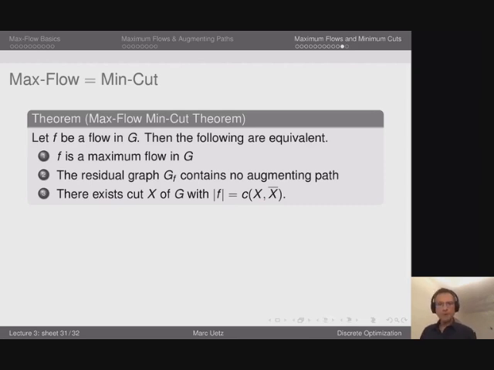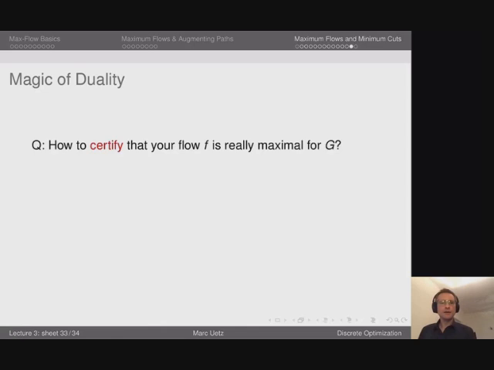In order to convince you, imagine you have computed a flow F, and you would like to certify that your flow is really a maximal flow in this network. If you just give me the flow, I might not be convinced, because maybe there are other flows that achieve a higher value, right?